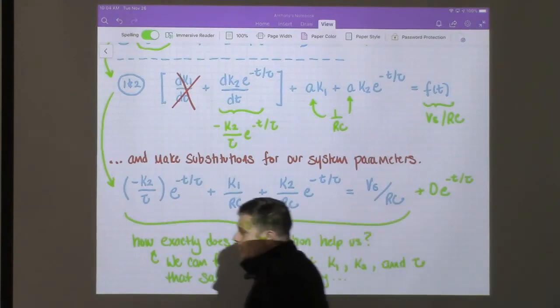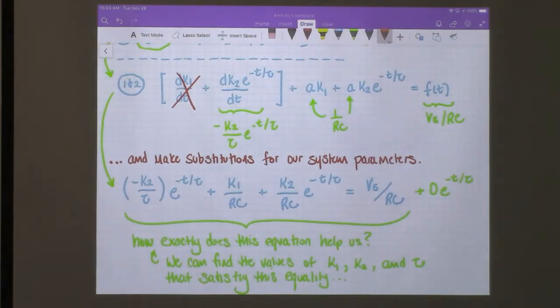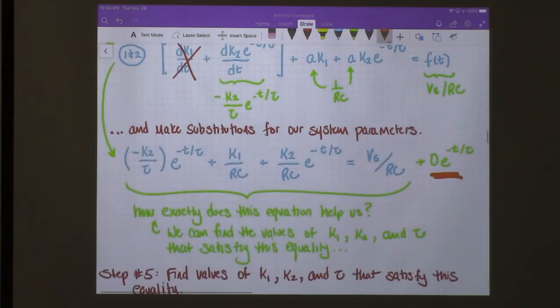First things first, we can imagine that there's another term over here, 0 times e to the negative t over tau. And so we know that this plus this has got to give us 0.